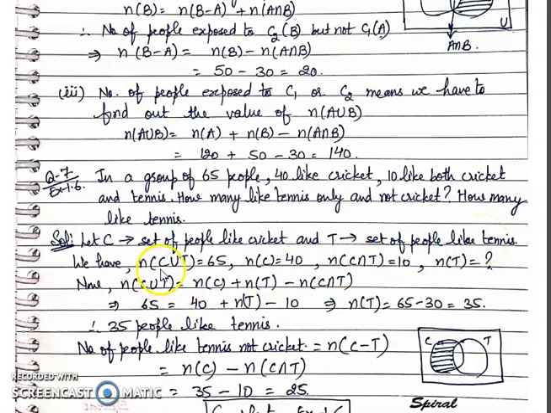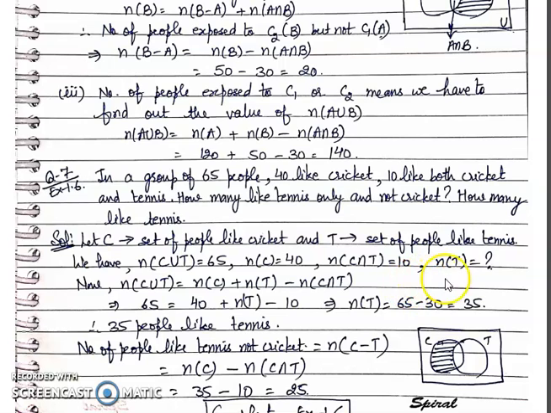So C union T consists of 65 elements, and 40 like cricket. So n(C) is equal to 40. 10 like both cricket and tennis. So C intersection T is equal to 10. We first find the solution of the second part, meaning how many like tennis.